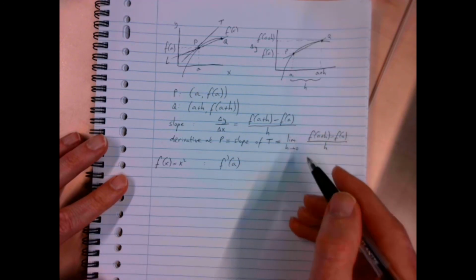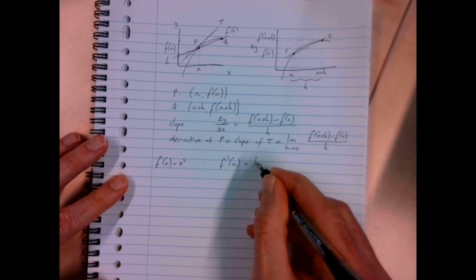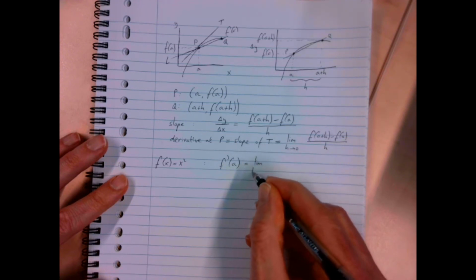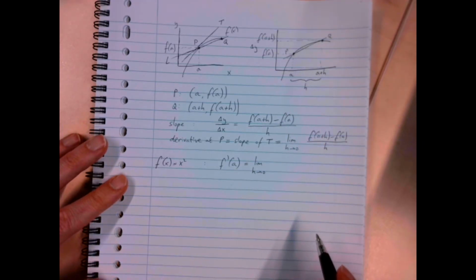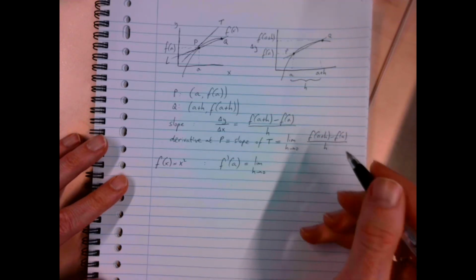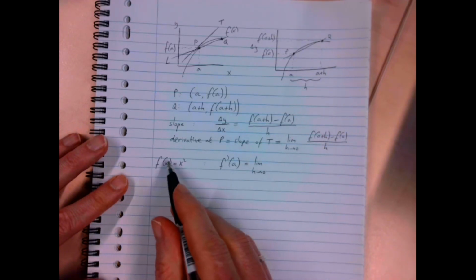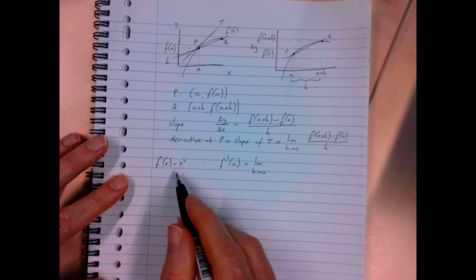So let's use this expression here. It's defined as the limit, with this horizontal movement h being smaller and smaller, of f(a plus h) minus f(a) over h. Well, let's just use the fact that we know f of x is x squared.